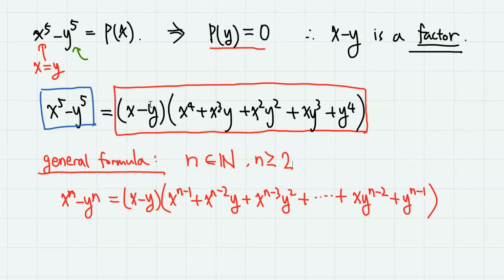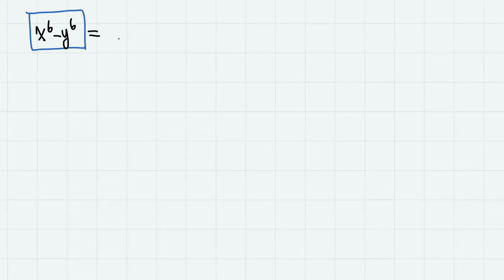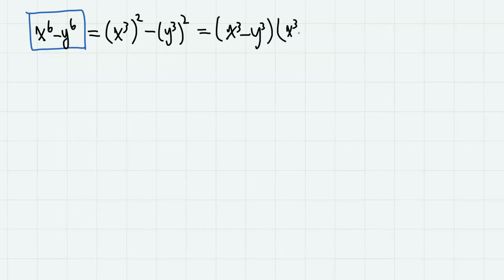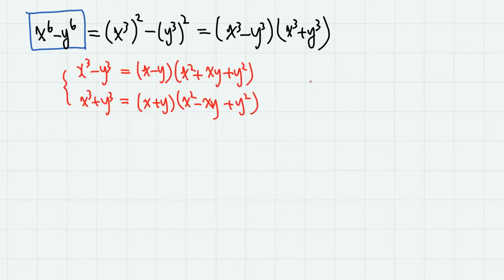Okay, let's move on. Now x to the power of 6 minus y to the power of 6. Here x to the 6 is the square of x cubed, and the same thing applies for y. So x cubed minus y cubed times x cubed plus y cubed. And we apply the formulas for the sum and difference of cubes, which were these.